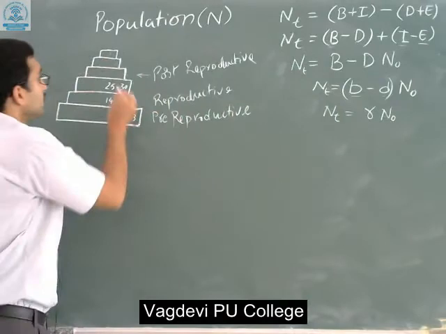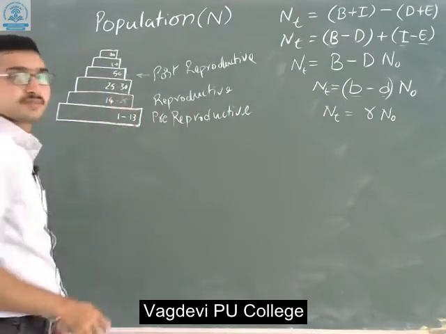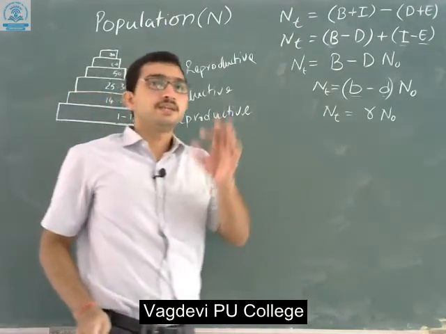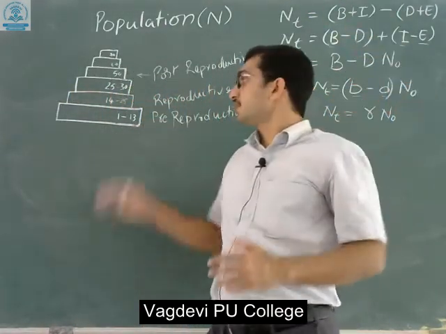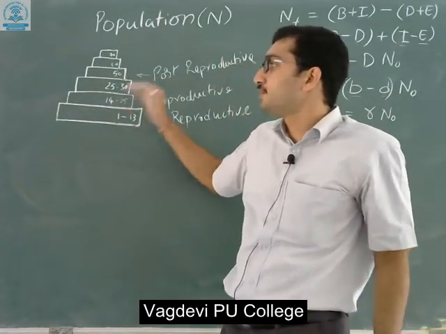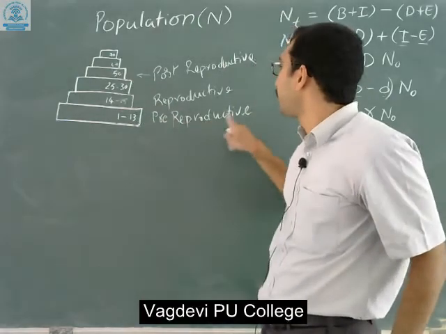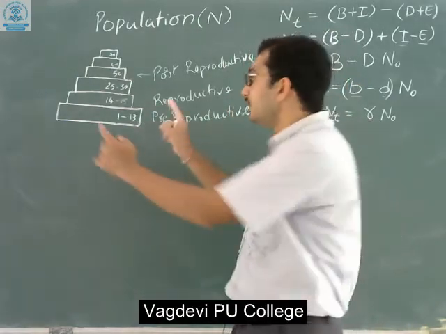Here let's consider the age groups of 50s, 60s, 70s. Ultimately, in the age pyramid you can find different age groups in different blocks. The bottom half of the age pyramid is the pre-reproductive, where the young children's population is denoted.